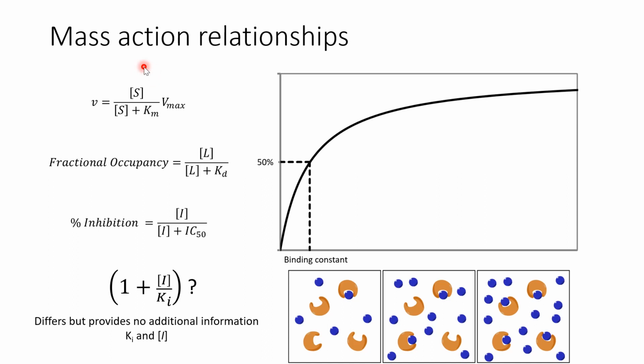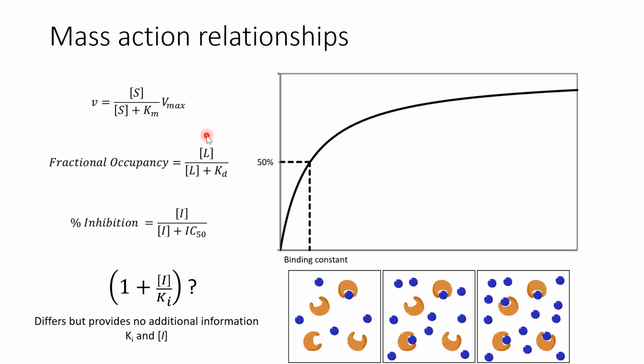But generally in biology, you see this very common mass-action relationship, and it's exemplified by the Michaelis-Menten equation up top here, where you have your substrate over your substrate plus your Km. So this is a fractional binding term, really.